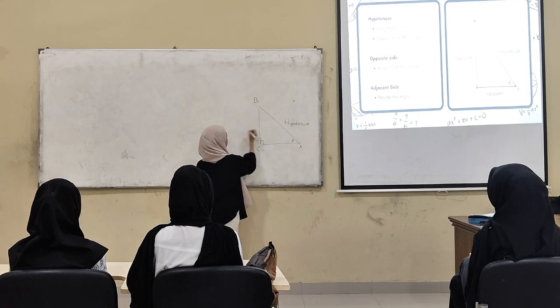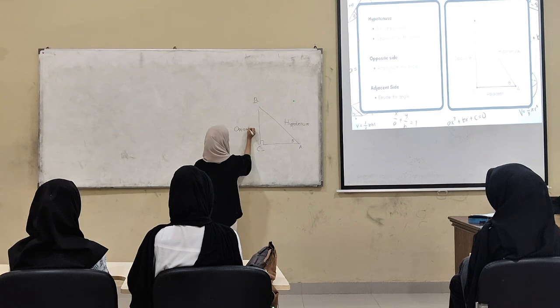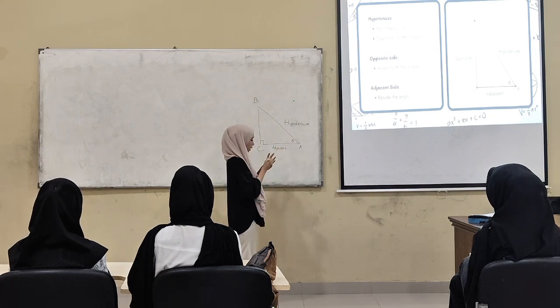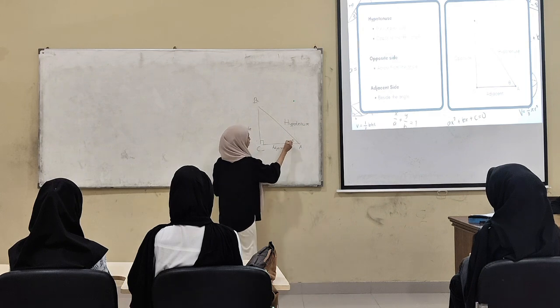BC. Right, that is the opposite side. And the last one is the adjacent side. Adjacent means beside the angle. Beside is the adjacent side.